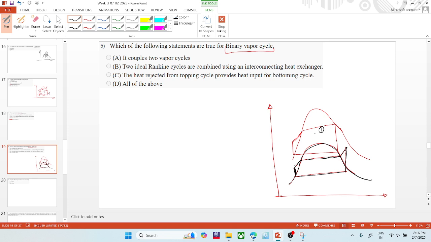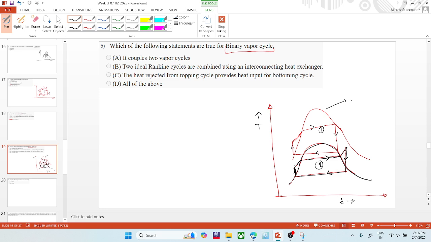So this is the first cycle. This would be the second cycle. It will go like this, and this will go like this. This is the TS diagram.